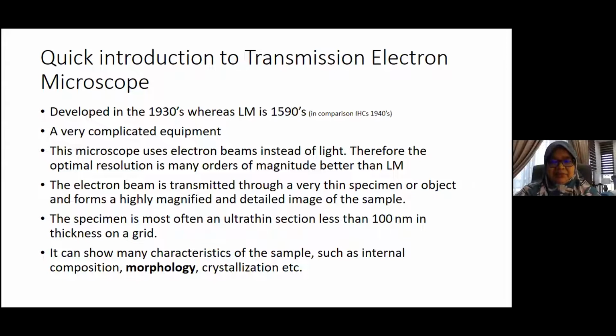The electron beam is transmitted through a very thin specimen after processing, what we call ultrathin sections. That is then highly magnified, and we can get a very detailed image of the sample. The ultrathin sections are usually less than 100 nanometers in thickness, which is very, very thin.